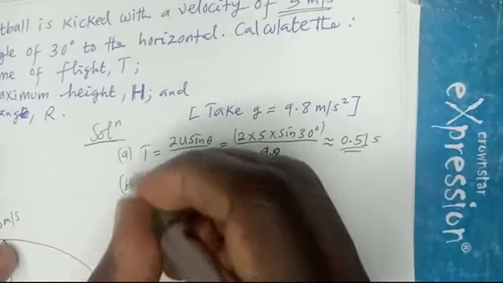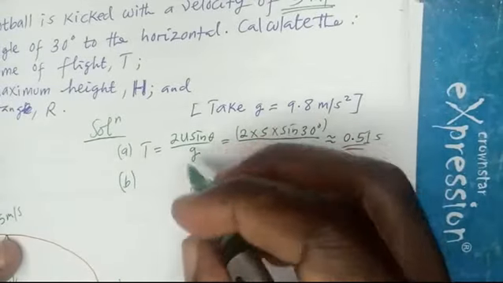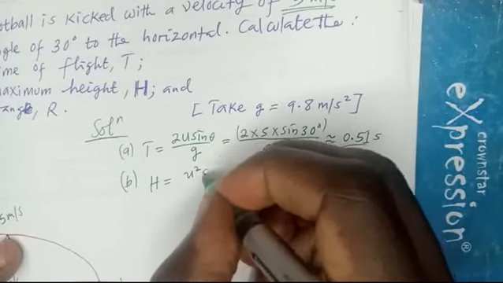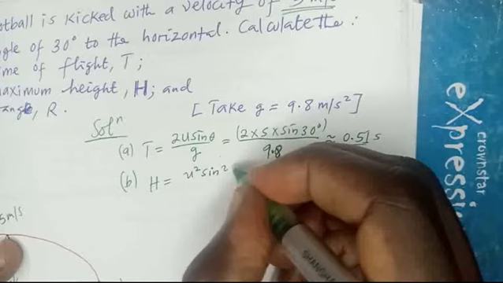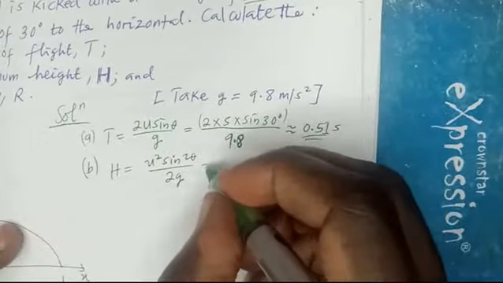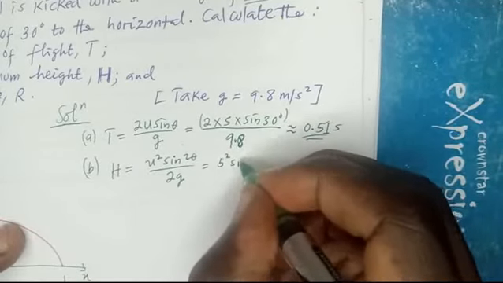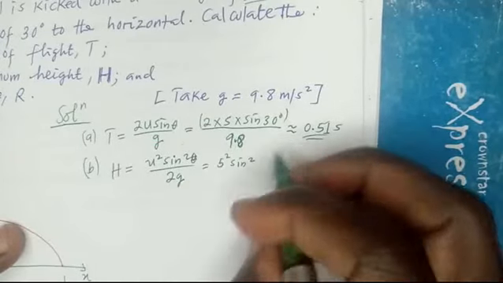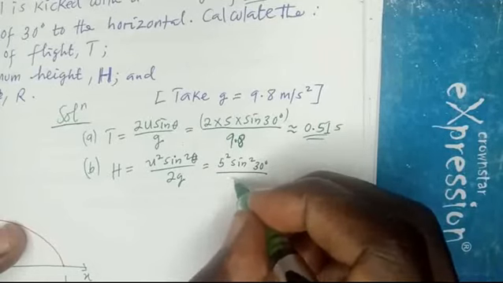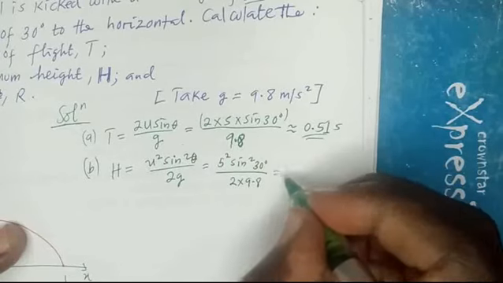Now B says we should get the maximum height, and the formula for maximum height that we derived is H equals u squared sine squared theta divided by 2g. So u is 5, squared, sine squared theta, where theta is 30 degrees, divided by 2 times 9.8.